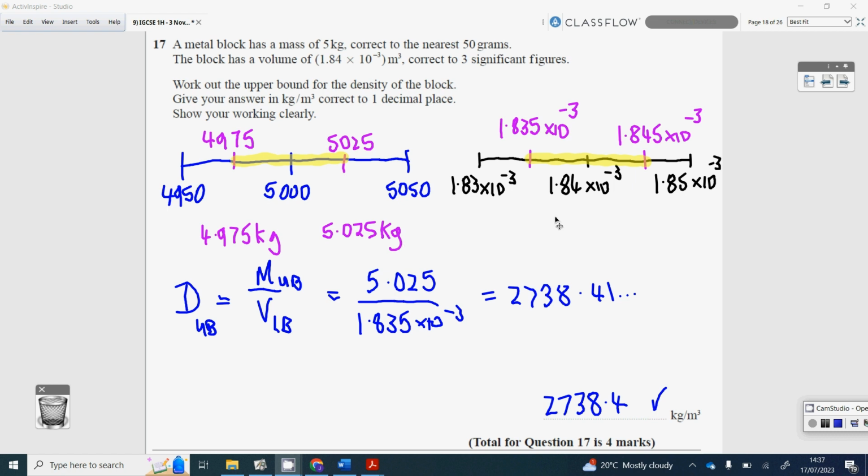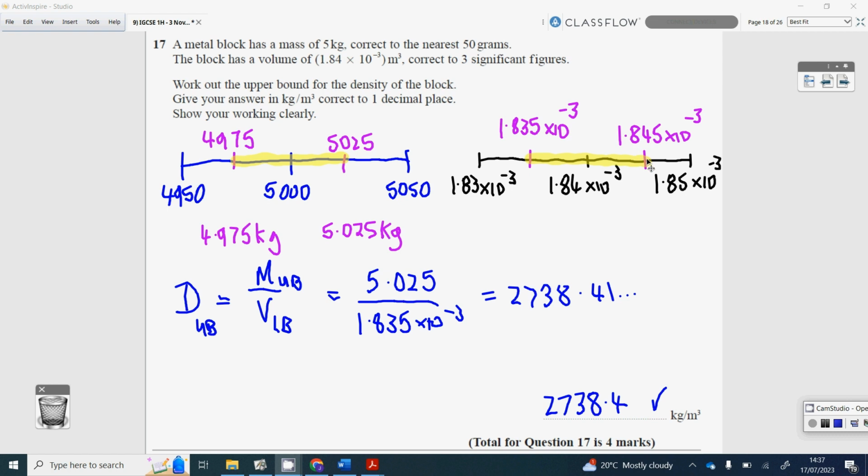Similarly with the volume, it is 1.84 times 10 to the minus 3 correct to 3 sig figs. So my goalposts, you go up and down 1 sig fig. So 1.85 and 1.83. So my range of points that round to 1.84 times 10 to the minus 3 is from here to here.